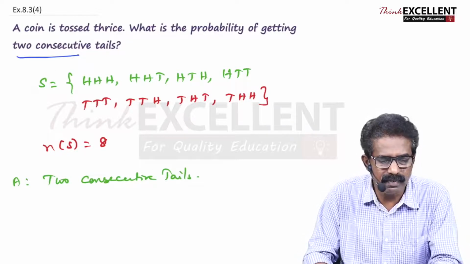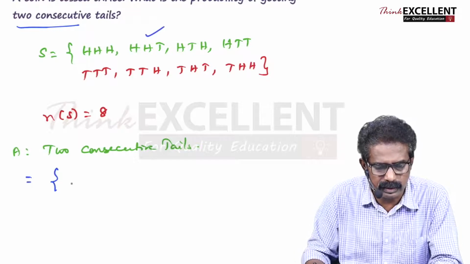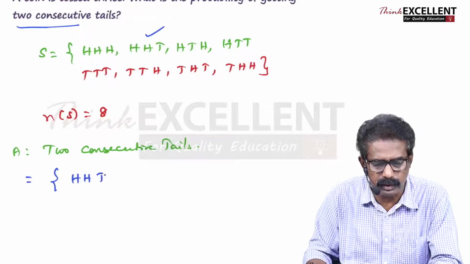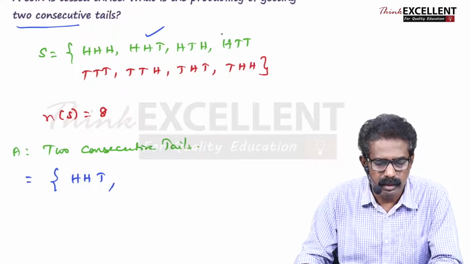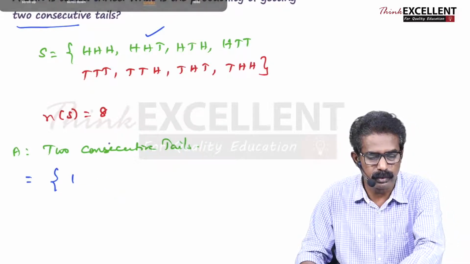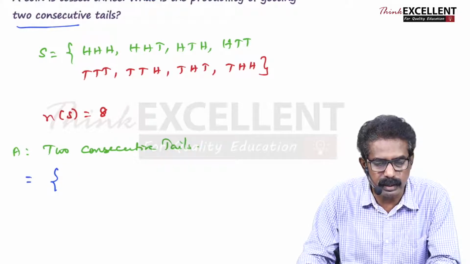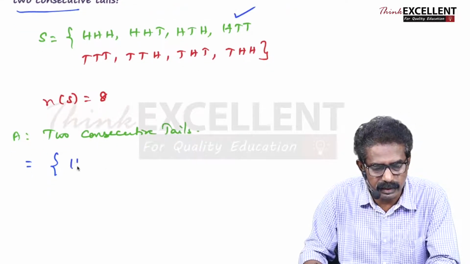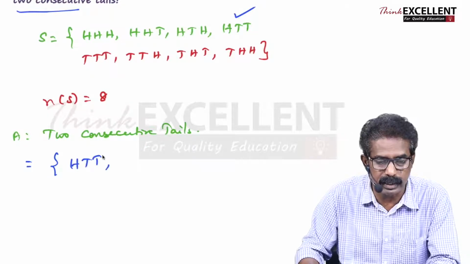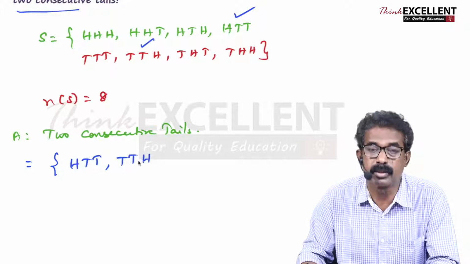So what are the favorable cases? You can take this, HHT, 2 consecutive tails, right? Not 2 consecutive heads. So 2 consecutive tails means you can take this one, HTT, right? HTT, 2 consecutive tails. You can take this also, TTH, 2 consecutive tails.